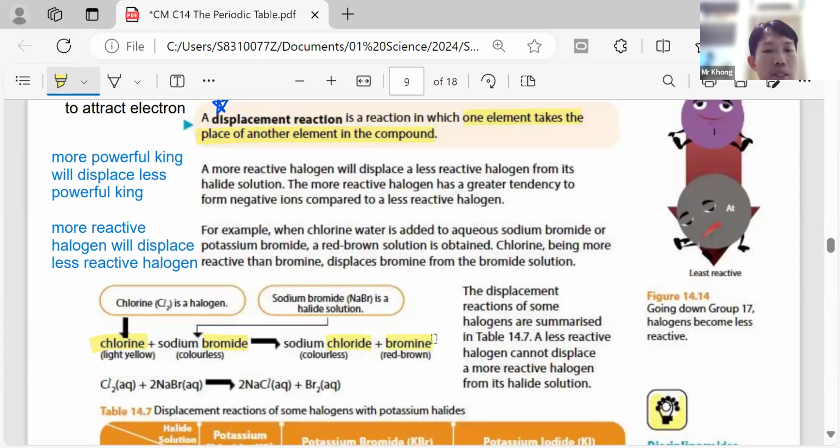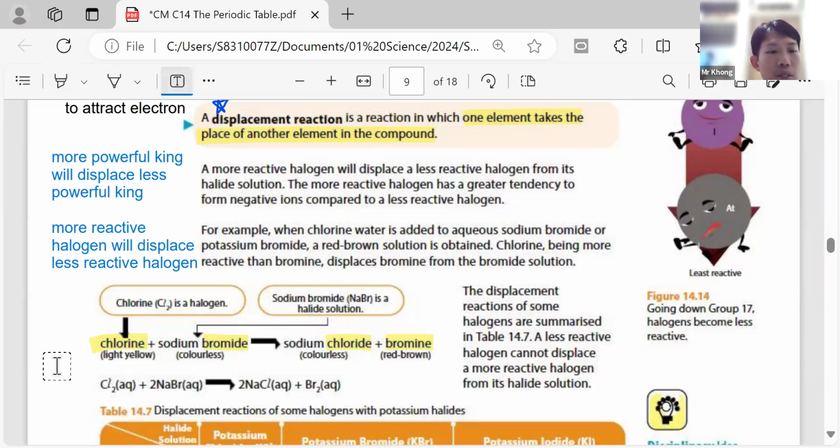So this is what a displacement reaction looks like. Your more reactive halogen, in this case chlorine, will displace the less reactive bromide ions to form sodium chloride and bromine. So the bromine will be the element, and your chlorine will become ions in the chloride solution.